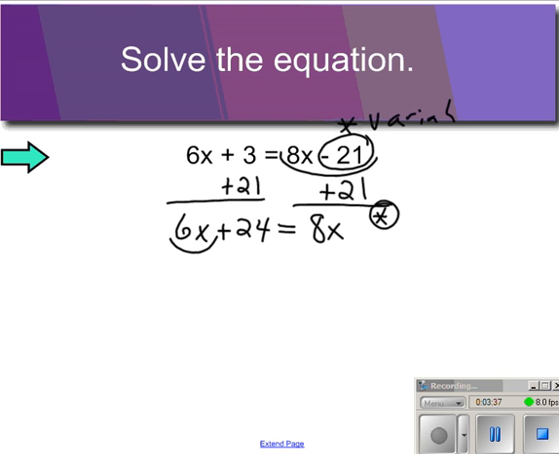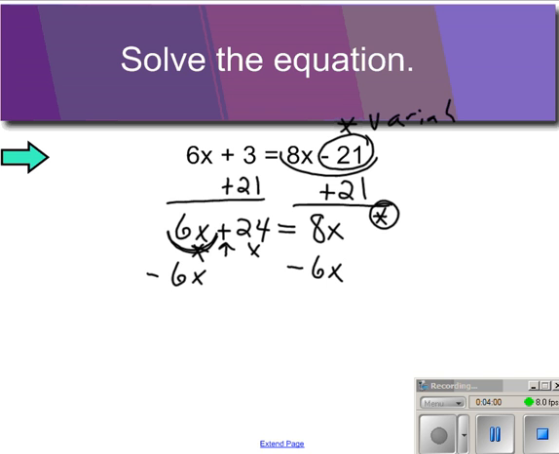So what I need to do is get rid of this side. Now you'll notice the operation being performed between this and this is addition. And so I can apply my subtraction property of equality, and I am going to subtract 6x from this side, and I am going to subtract 6x from that side.